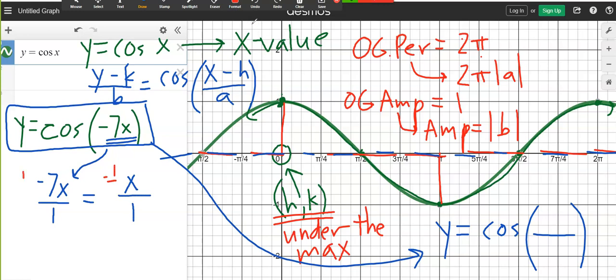So if we multiply this by negative 1/7, top and bottom, we end up with x divided by negative 1/7. So this is fireproof form.